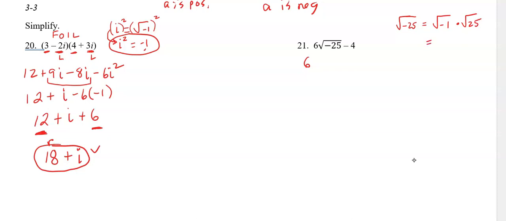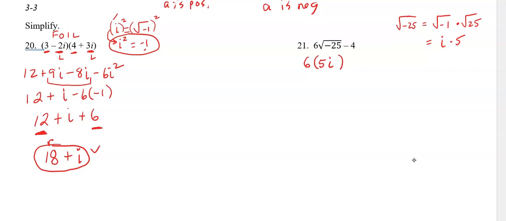Both of these radicals can be simplified because, again, going back to the definition of i, it is the square root of -1. And we already know, hopefully, that the square root of 25 is 5. So to put all this together, I'm rewriting the square root of -25 as 5i.